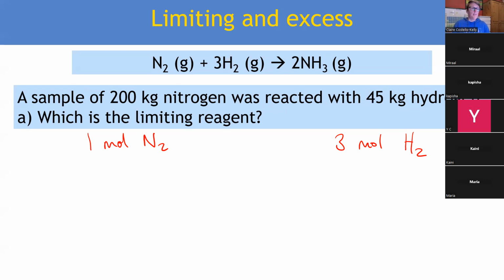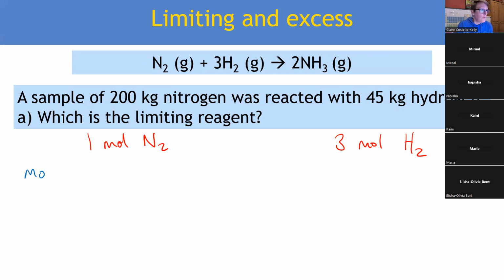So it matters not in this question, because I'm looking at ratios and I'm looking at sort of this much compared to this much, and they're both in mass units. But it does matter if the next question says how many moles of nitrogen are there in 200 kilograms, because the answer is different to how many moles there are in 200 grams. So it's not very difficult to turn kilograms into grams. It just times by 1,000.